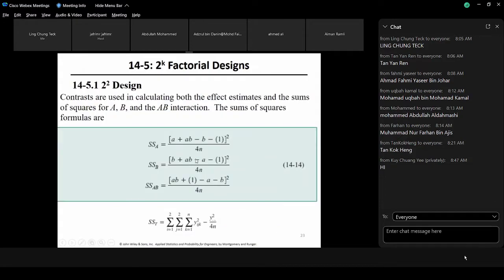Okay, this is the application of the contrast. Sum of square is contrast squared. Remember n2^k? I think this is for the special case, the 2 by 2 case.